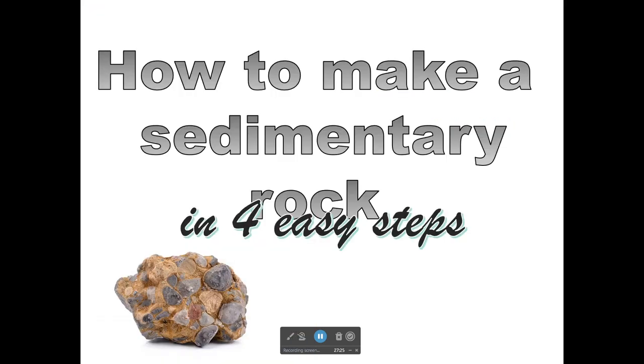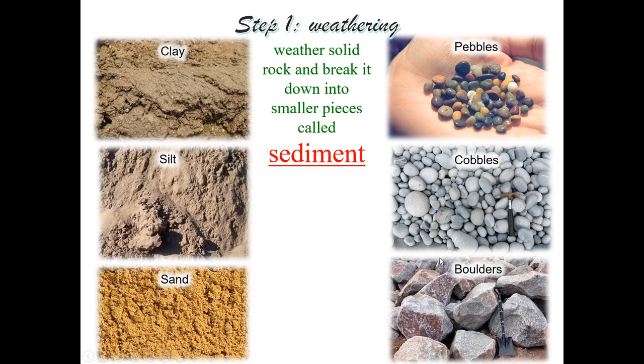Okay, so moving on, let's talk about how we make a sedimentary rock. Where do sedimentary rocks come from? The first process is, again, you have to make the sediment. Sediment is developed by weathering. Weathering is just any process that breaks down solid rock into smaller pieces, and those smaller pieces are called sediment.